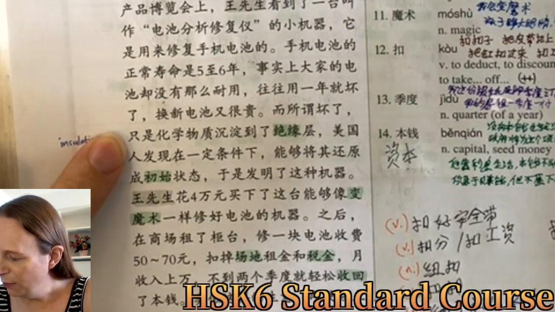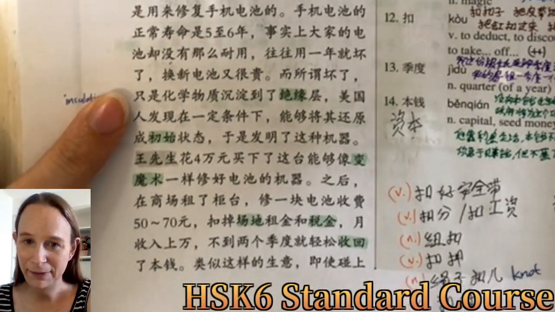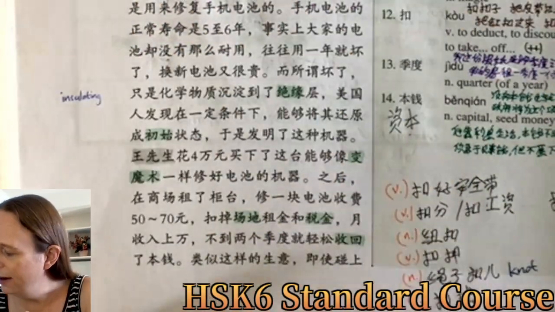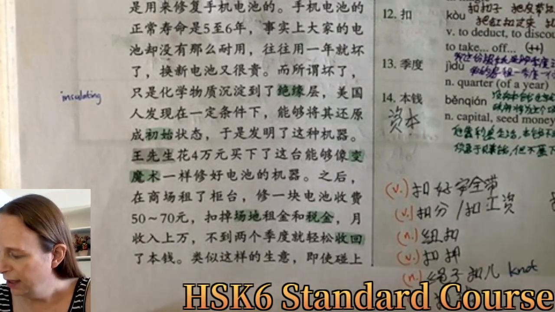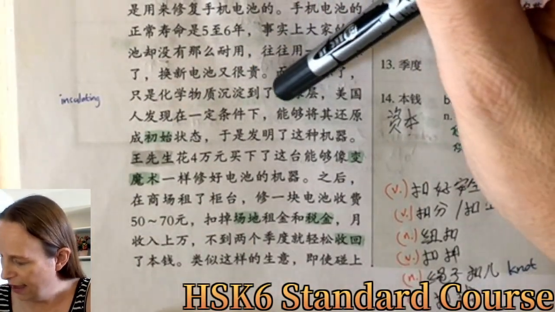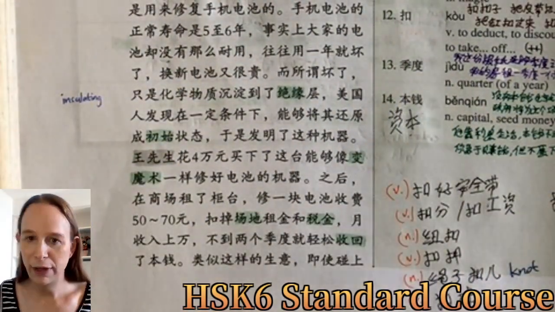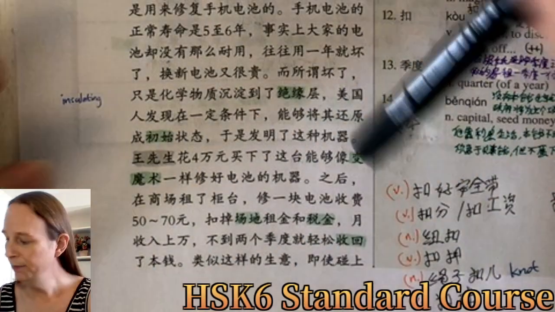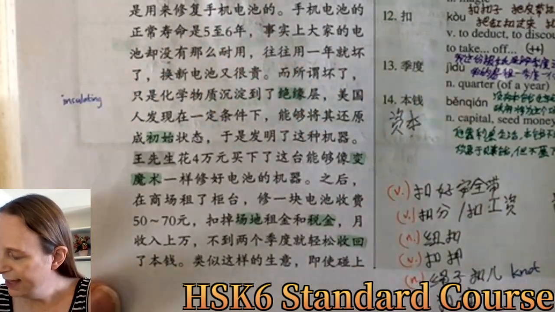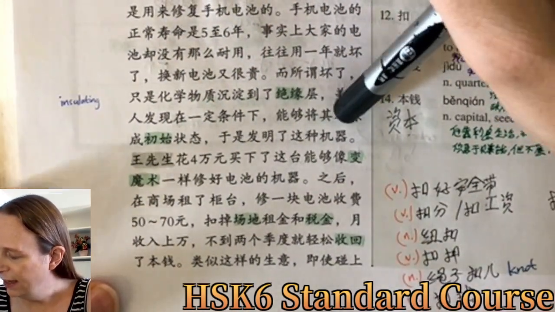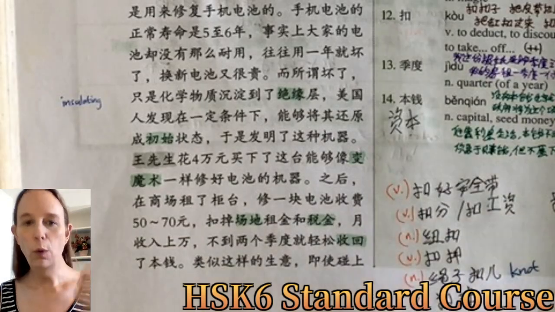Okay, 换新电池又很贵. Yeah, that's very deliberate. 而所谓坏了，只是化学物质沉淀到了绝缘层。Okay, 绝缘, insulating, 绝缘层, an insulating layer. 美国人发现，在一定条件下，能够将其还原成初始状态。还原.